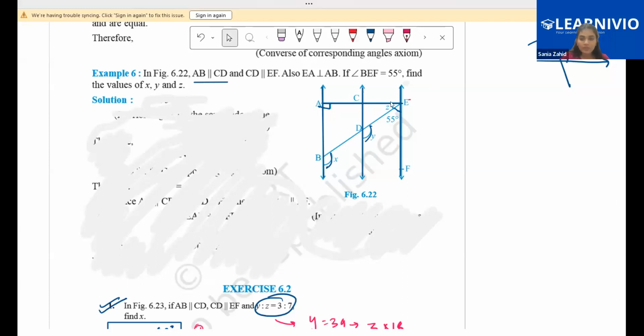Yeah, who found the value? Yes, children. Am I audible? Somebody was saying something.